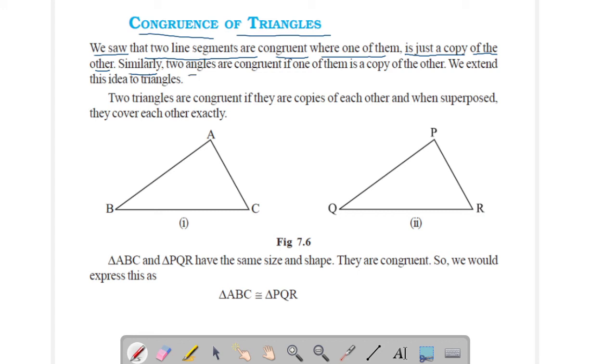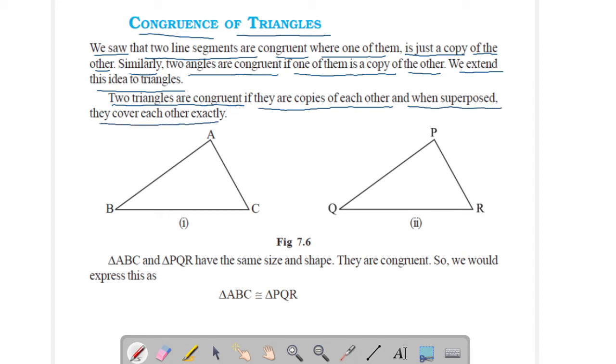Similarly, two angles are congruent if one of them is a copy of the other. We extend this idea to triangles. Two triangles are congruent if they are copies of each other, and when superposed they cover each other exactly.